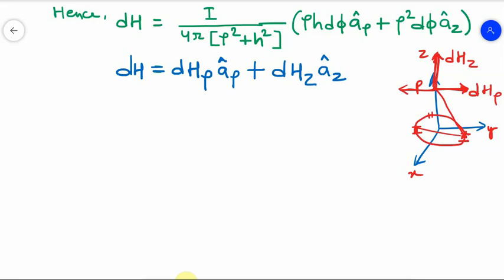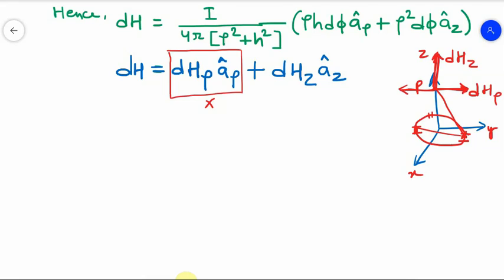Only this dhz will be accounted, and this particular term becomes 0, because every component is cancelled by another component which is 180 degrees apart.